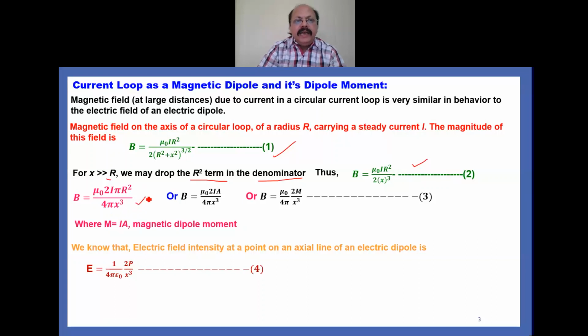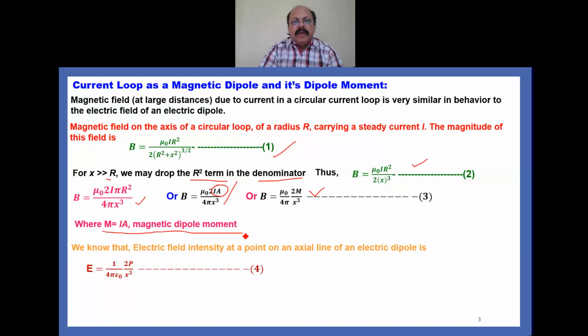This pi r square is the area of the loop, so we can write B equal to mu naught 2 I A upon 4 pi x cube. But this I into A, that you have already studied, is the magnetic dipole moment. So B equal to mu naught upon 4 pi, 2m upon x cube, where m equal to I A is the magnetic dipole moment.